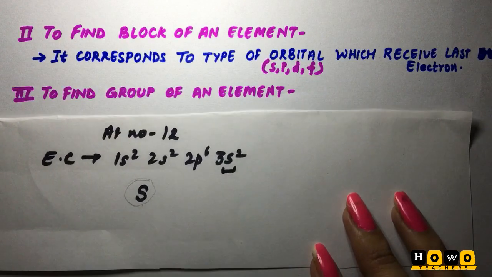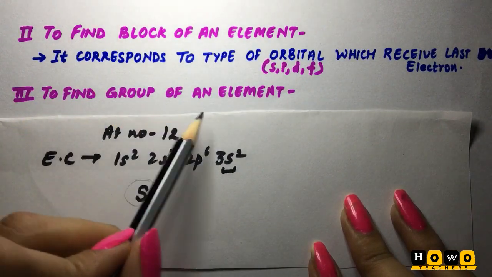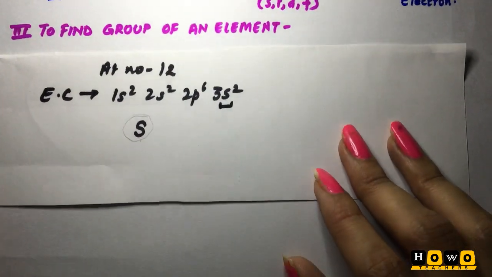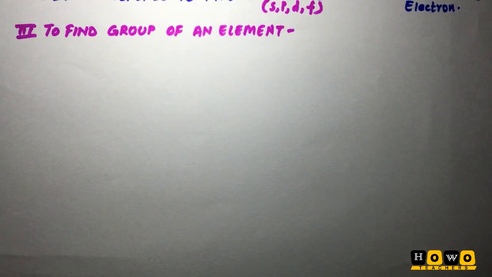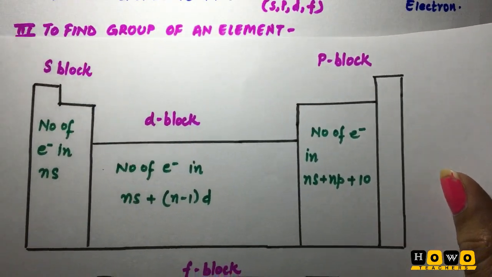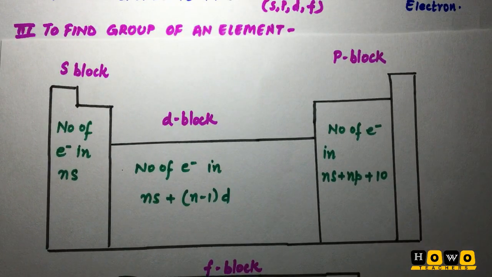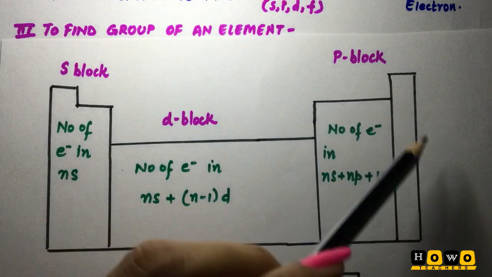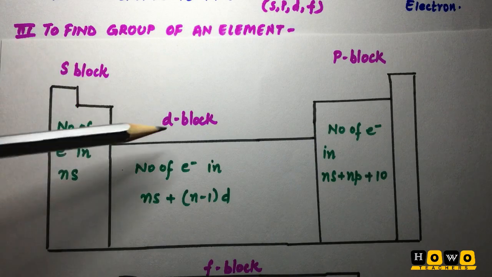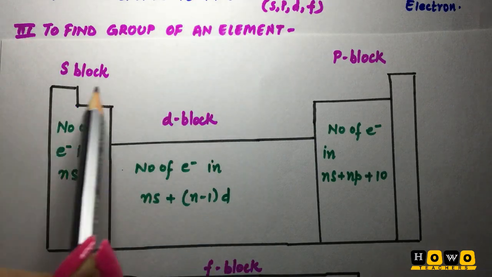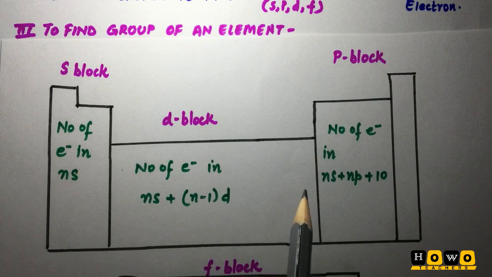Okay, now let us see the next important part, that is to find the group of an element. This is the important part, because for finding the group there are certain formulas that you have to remember. I hope you all remember that the vertical lines are groups and the horizontal lines are periods.